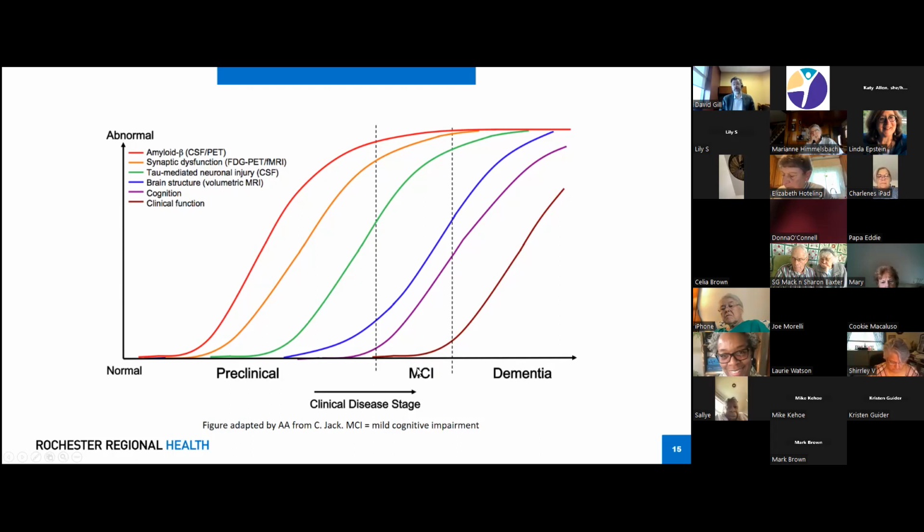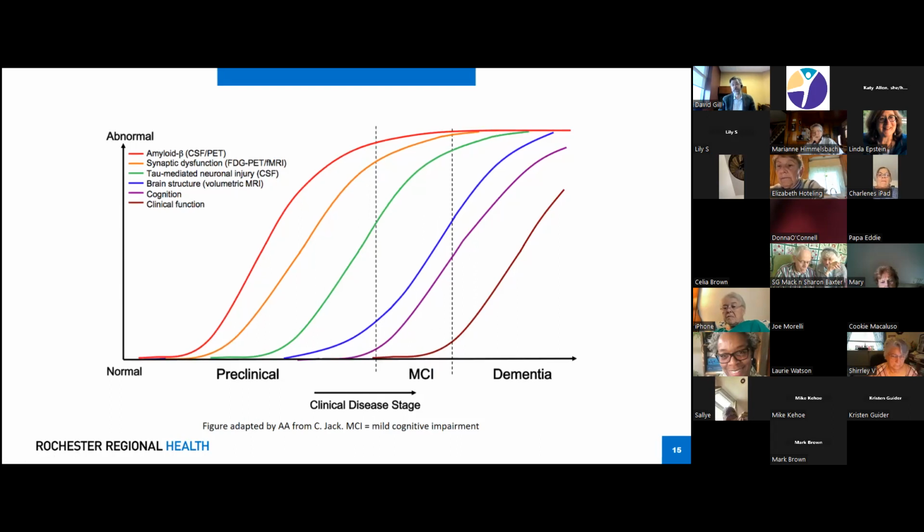They may have forgetfulness on testing, but they can still find a way to manage their finances and their medications. And so by definition, they don't have dementia, they have mild changes in cognition. But we now realize that for many of those patients, they actually have Alzheimer's disease of the brain.